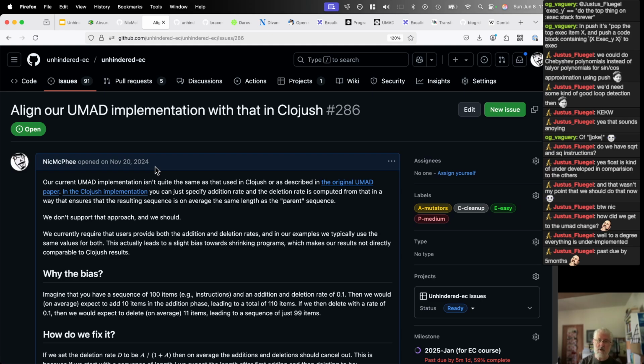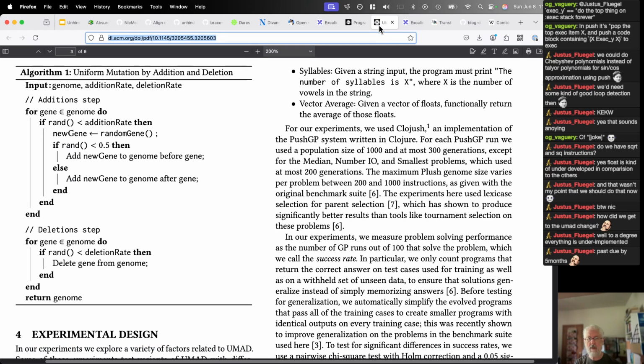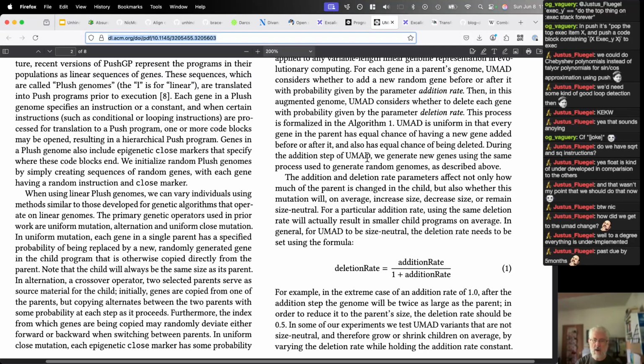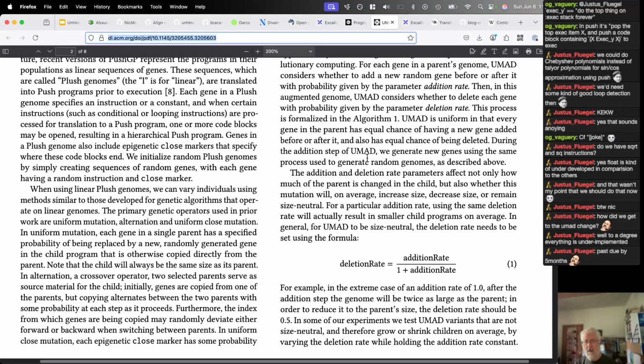And I looked, and sure enough, we did. And so then I went and found the paper just to confirm that there was actually math here. And then I looked at our code, and we didn't do it. And so that was just all in my head when the stream started.